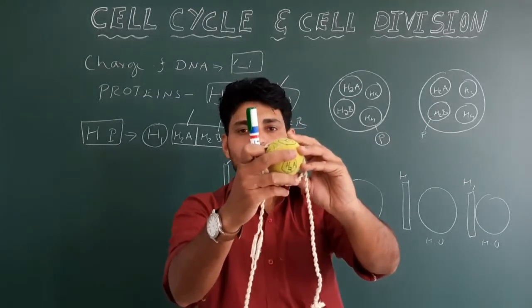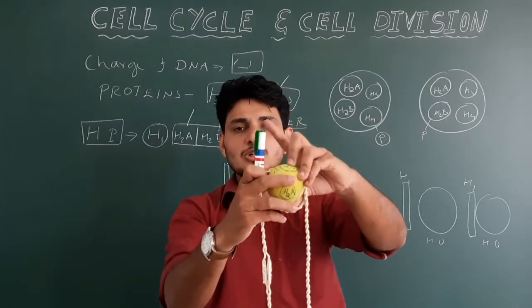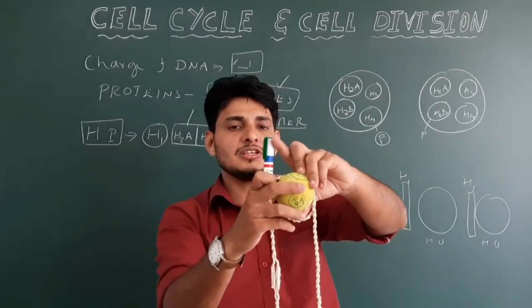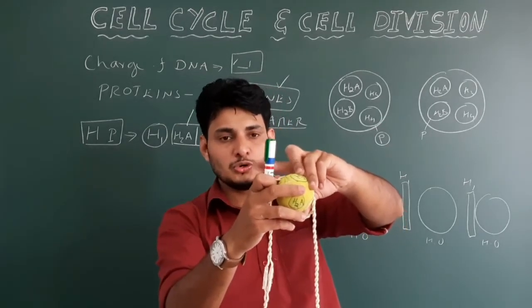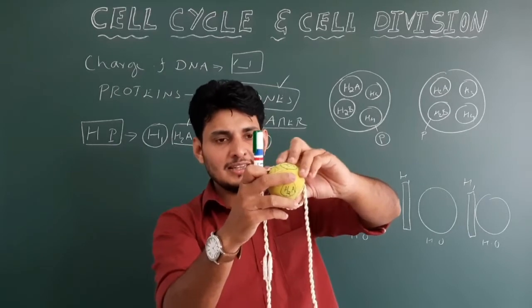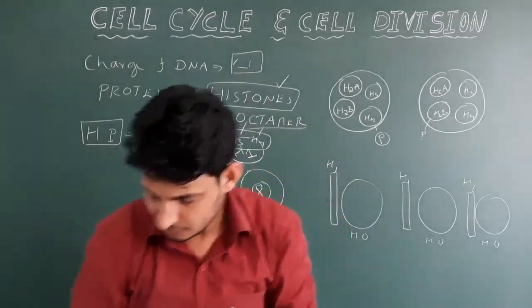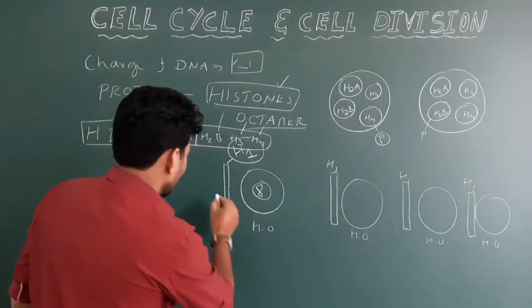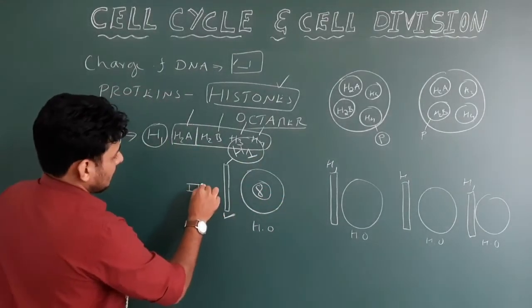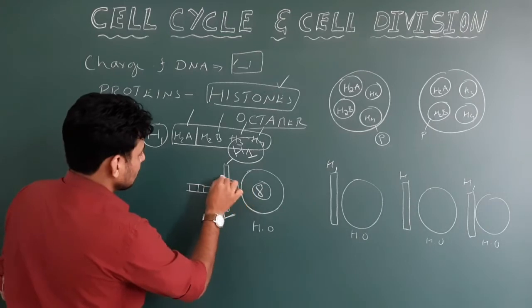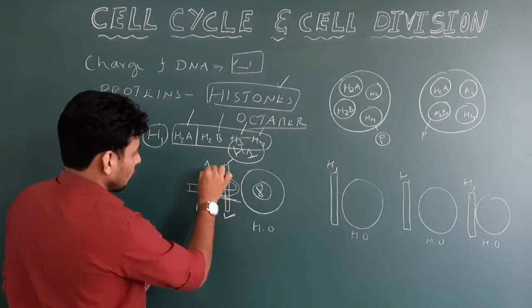So this is the protein, this is also protein. DNA wraps around this histone H1 first and then the histone octamer. Then this structure is called a nucleosome. So this is the DNA. DNA wraps around this H1 one time.